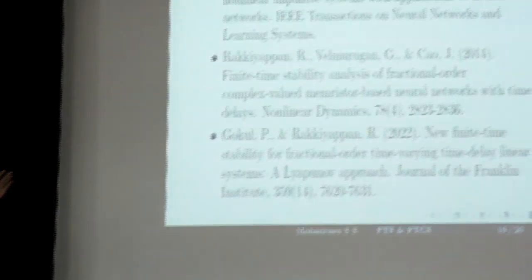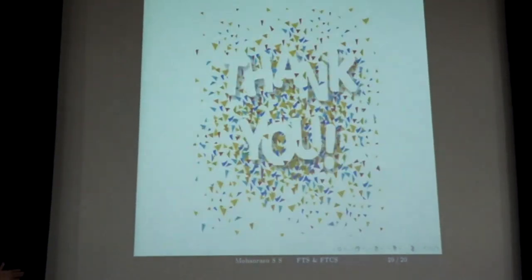With the numerical examples, I take values which satisfy the theorem, and when I simulate the results and plot the graph, we can see that after a certain time period my results go into a stable manner. These are some references.